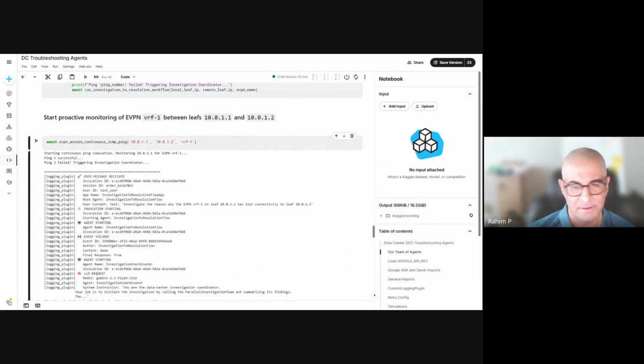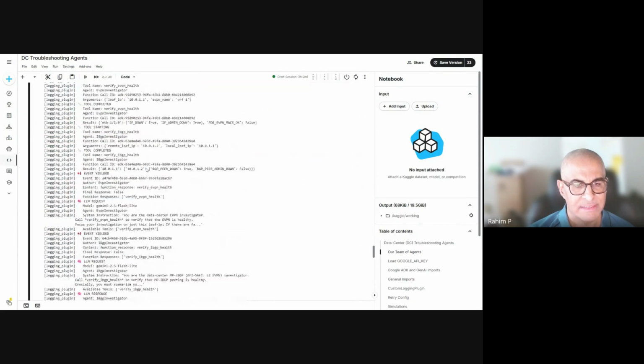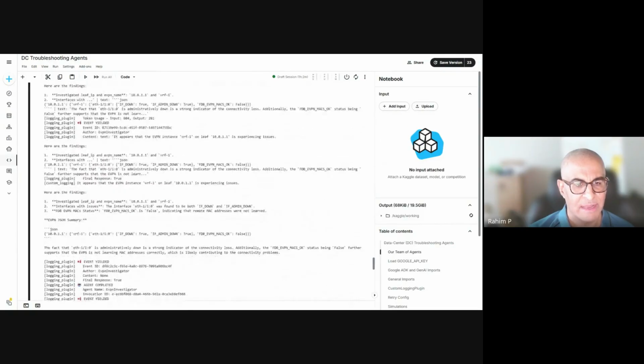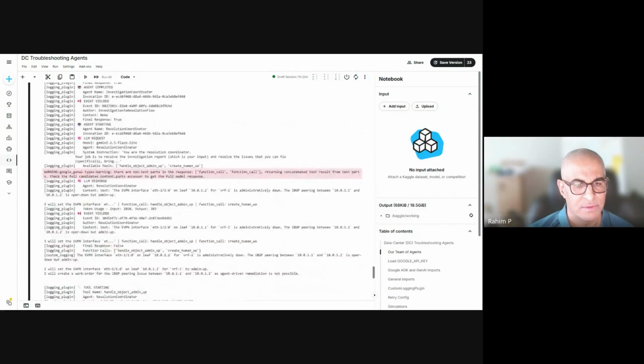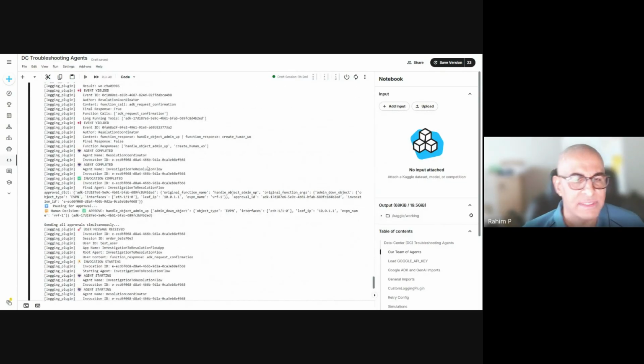And because these are proactive tests and we want quick resolution, the investigation coordinator is triggered into action immediately. Now, what we expect is because the EVPN is administratively down, a human would be required to bring it up, right? And you see right here a human decision. The human has approved bringing the EVPN admin up.